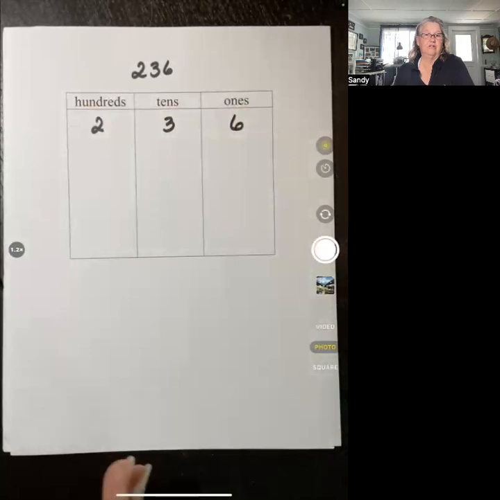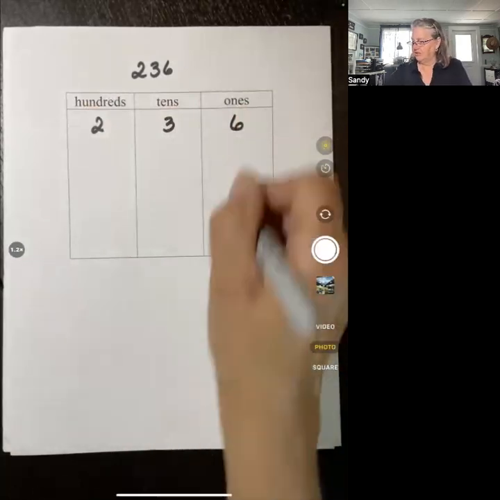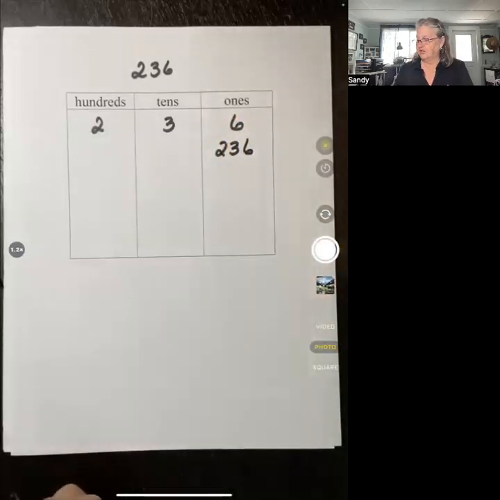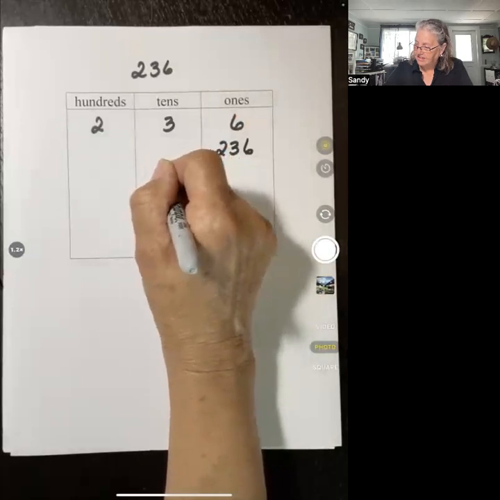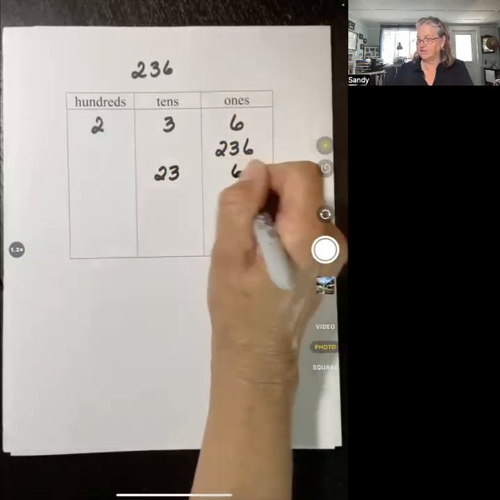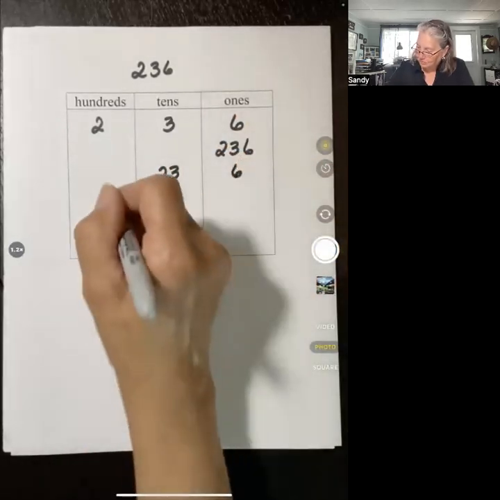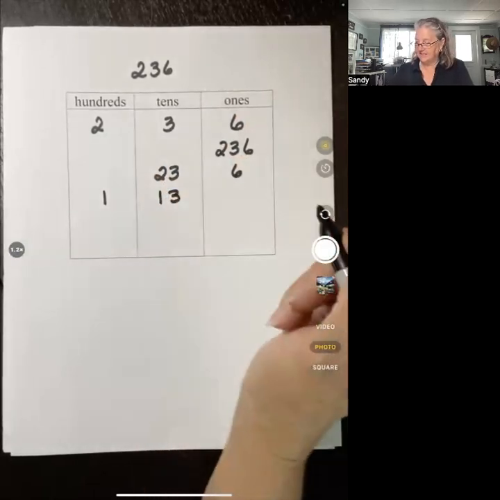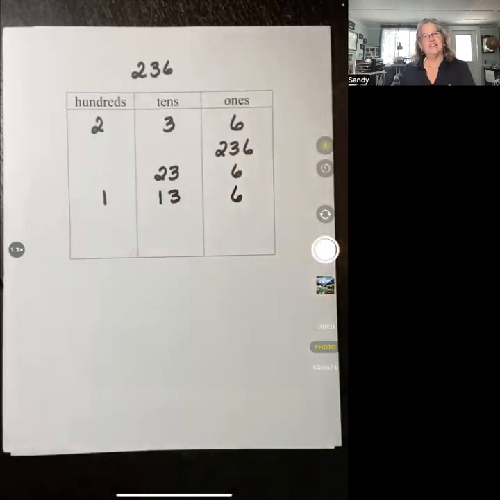And that's true. That's absolutely true. But see, we want them to also understand, well, you could make it with 236 ones. You could make it with 23 tens and 6 ones. You could make it with 100, 13 tens and 6 ones. You get the idea. That equivalency is really important.